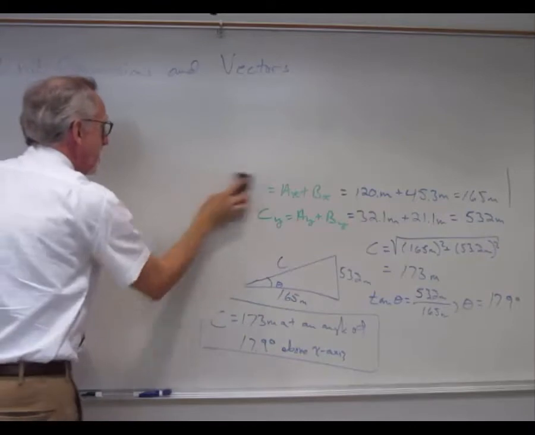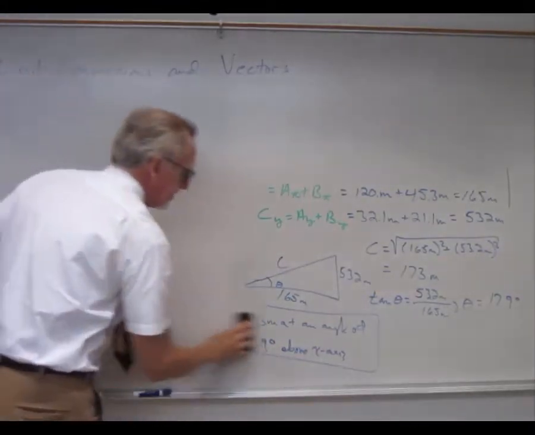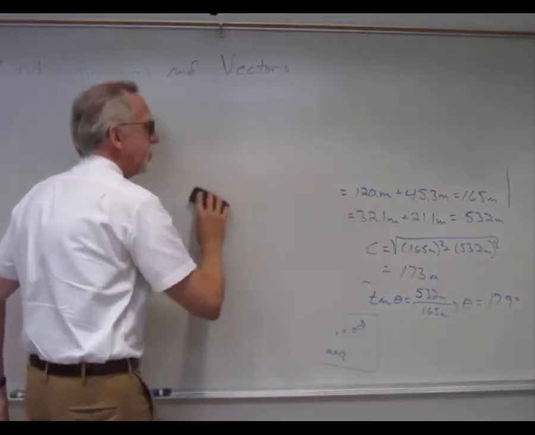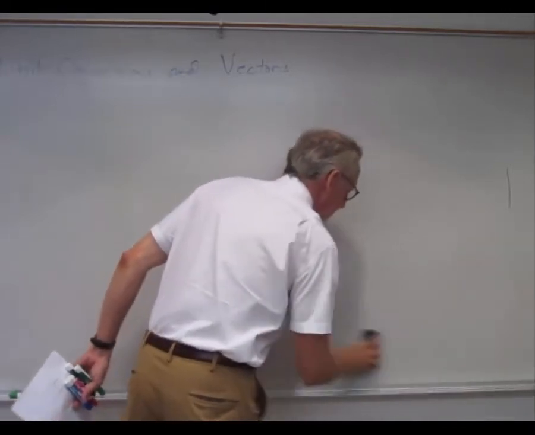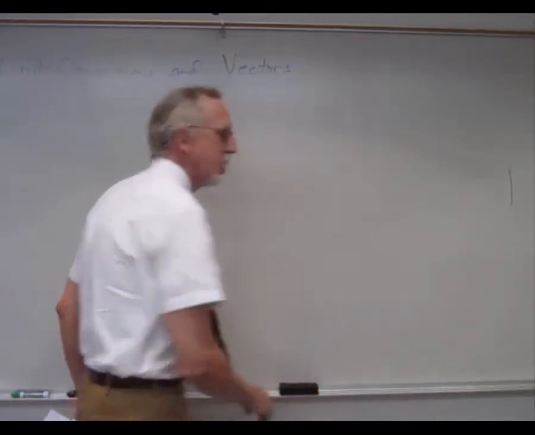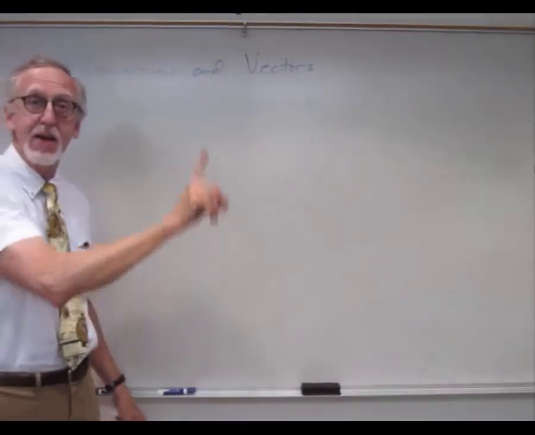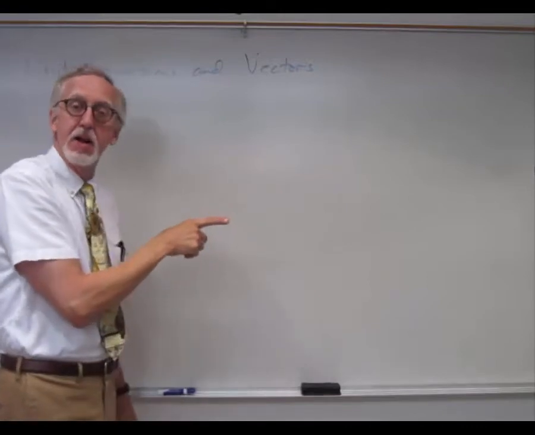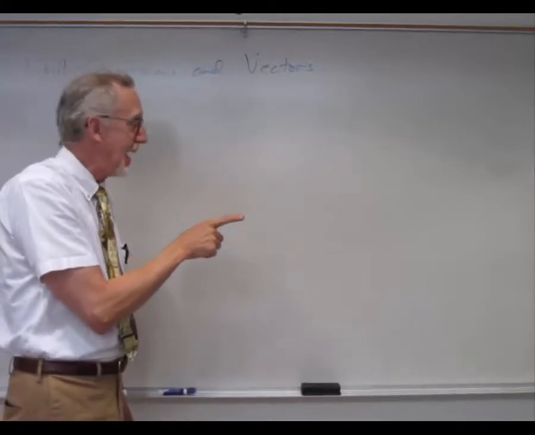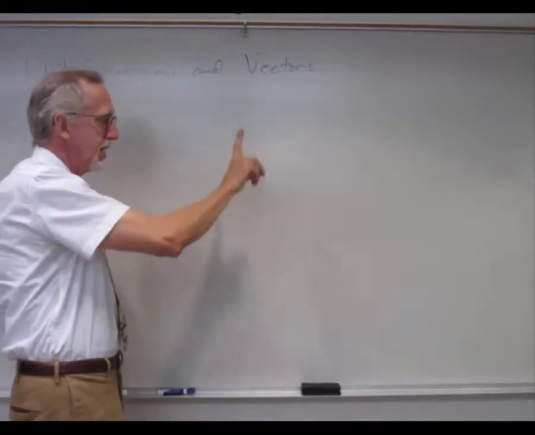Now, for both of these examples, we had vectors that were both pointing in the first quadrant. In other words, they were pointing to the right and upward. Both D1 and D2 and A and B were always to the right and upward.